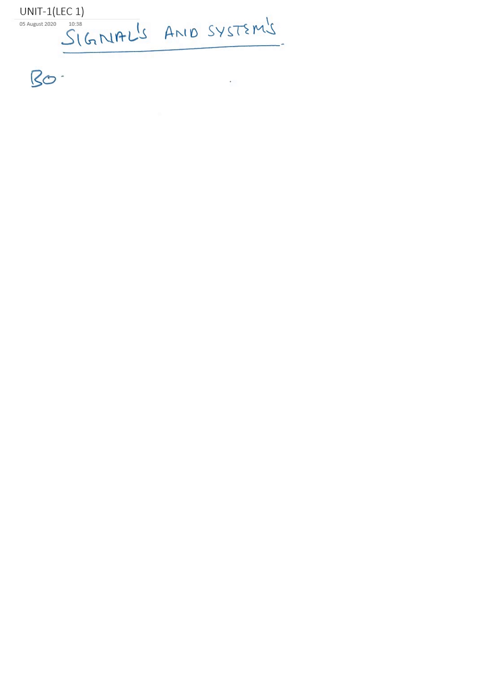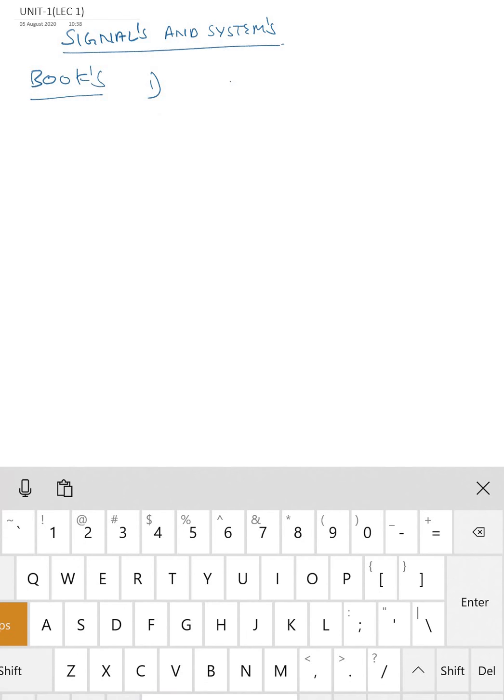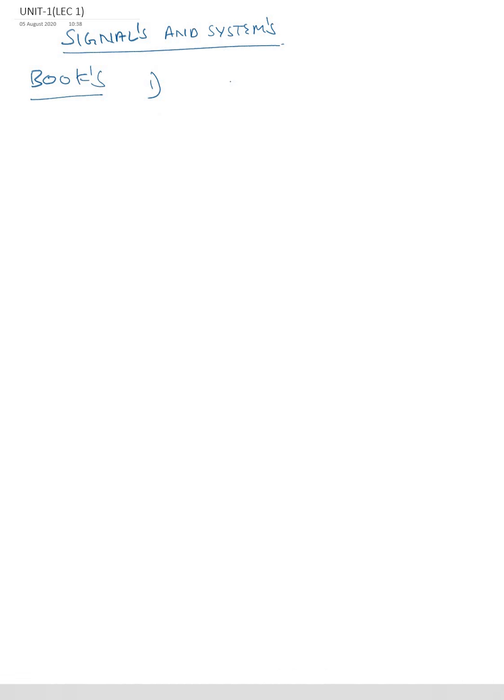The books that you need to follow for this course, you can refer to two books. The first one is Signals and Systems by Oppenheim.